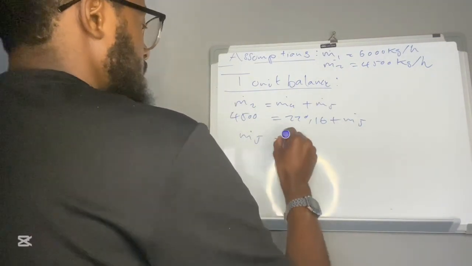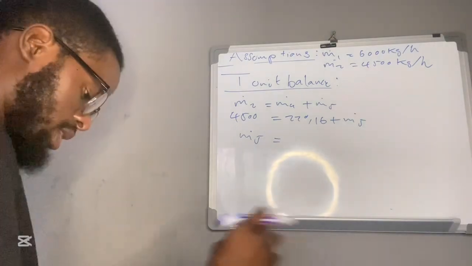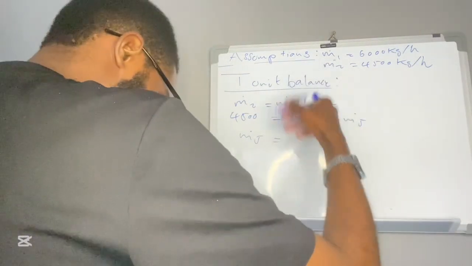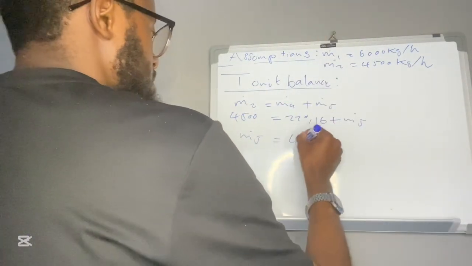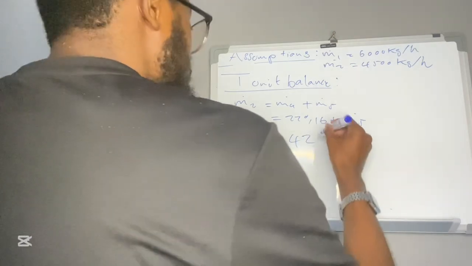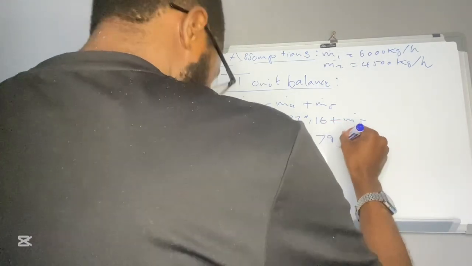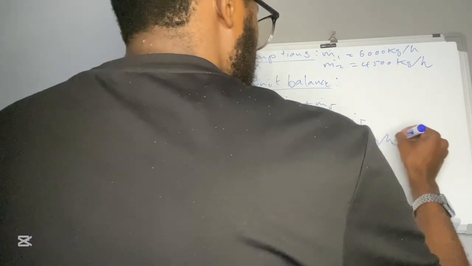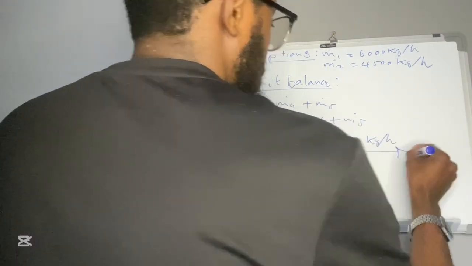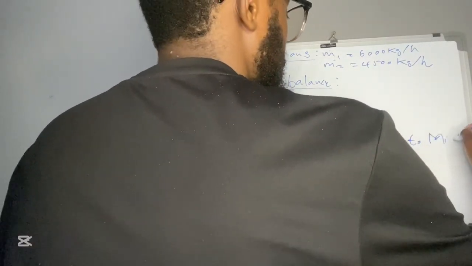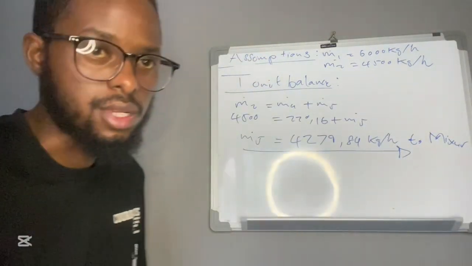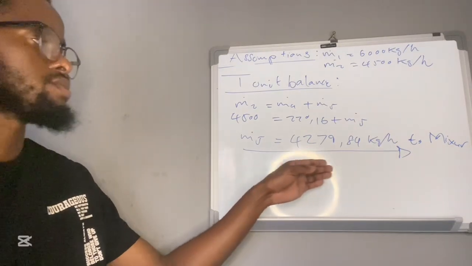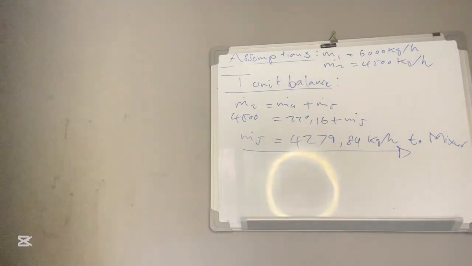So what do you get? I'm not going to do all the transposing, you're going to do that on your own, but you get 4,279.84 kilograms per hour enters the mixer. So 4,279 goes to the mixer, right?